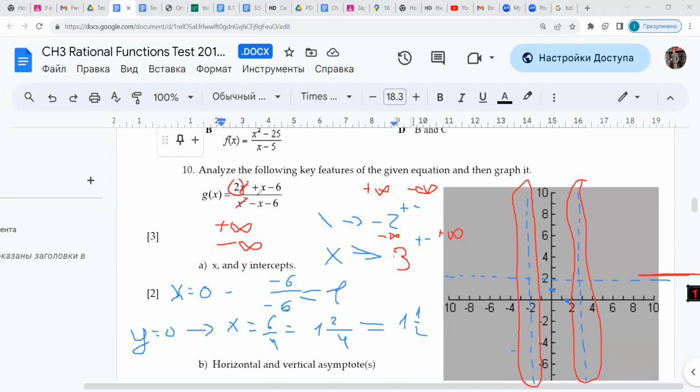Whether it approaches from plus or minus, how do we see that?